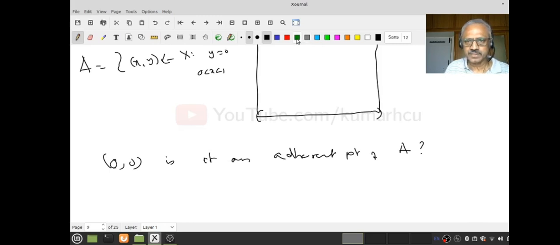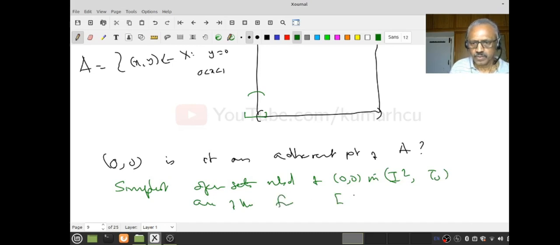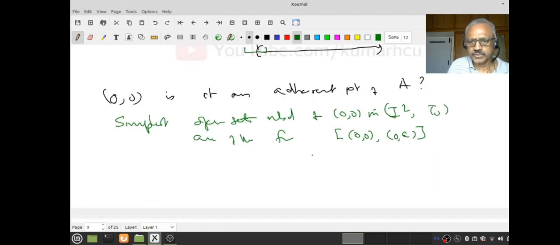We had already seen in the lecture that open neighborhoods of (0,0) in I squared with order topology tau are of the form [(0,0), (0,epsilon)), so in our earlier notation U(0,0,epsilon).